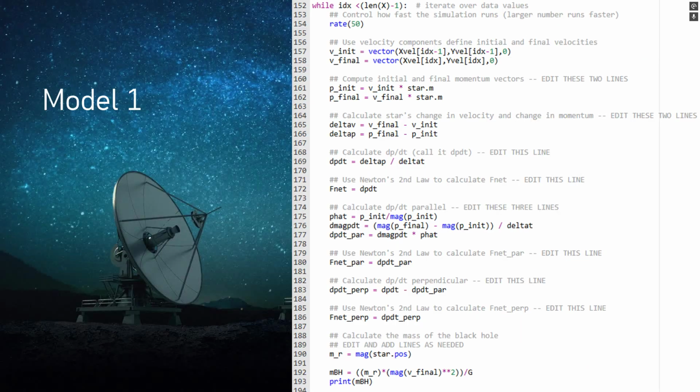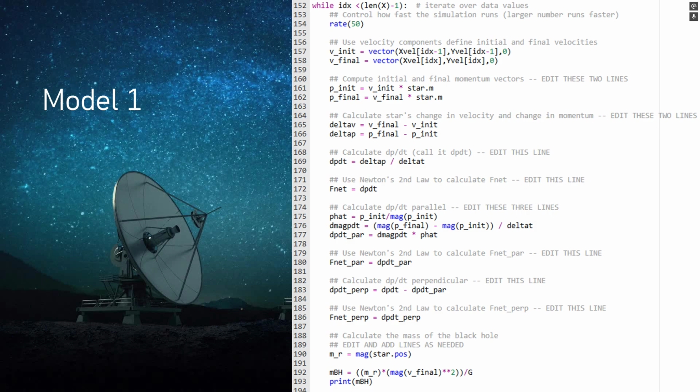So here's Model 1. It's important to note that the momentum principle was utilized on line 169 in order to find the net force in line 172. And also, the parallel and perpendicular components of momentum were used to find the parallel and perpendicular components of net force.